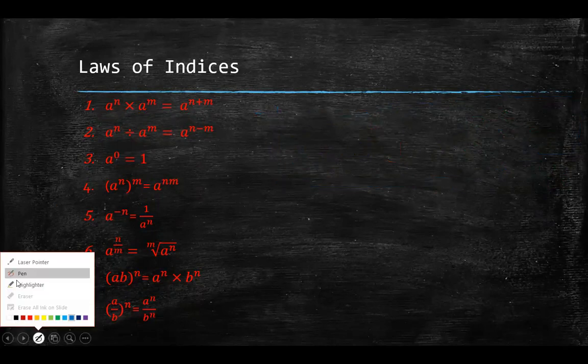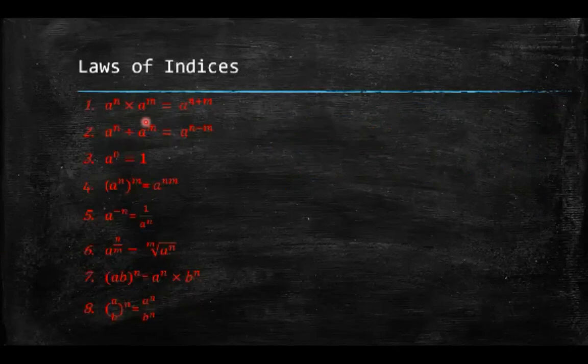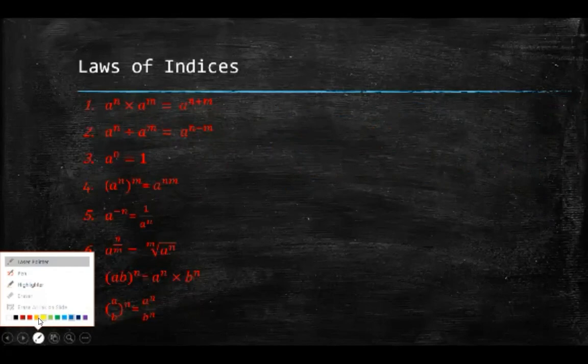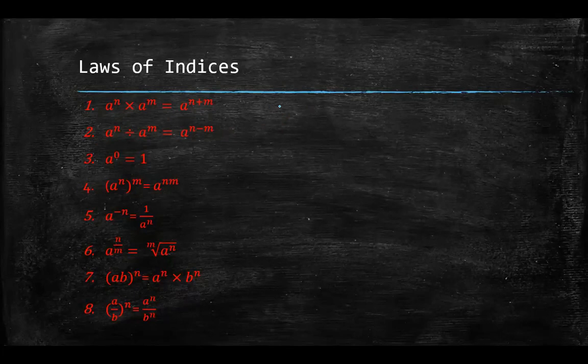Second rule, it says that a to the power of n divided by a to the power of m. This one before was multiplication, now we divide them. Instead of adding their indices, what I'm going to do is subtract them. So let me just rewrite this: a to the power of n divided by a to the power of m.